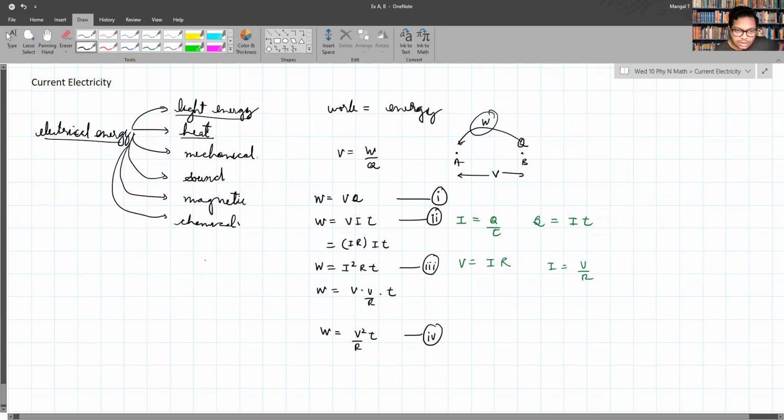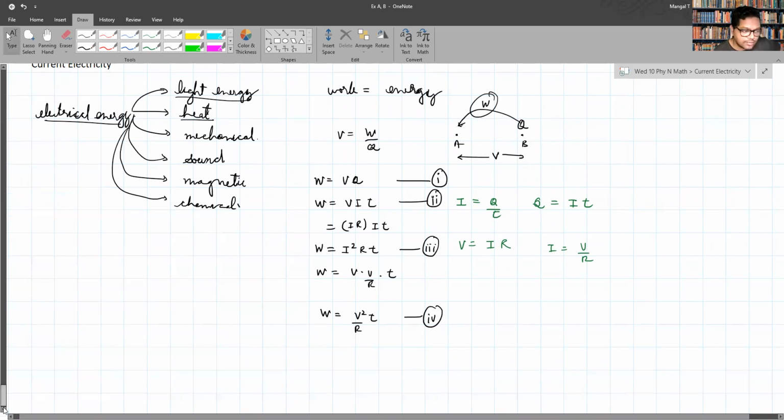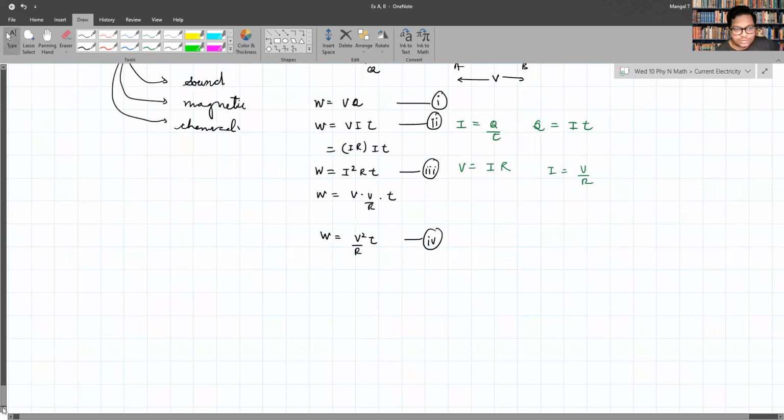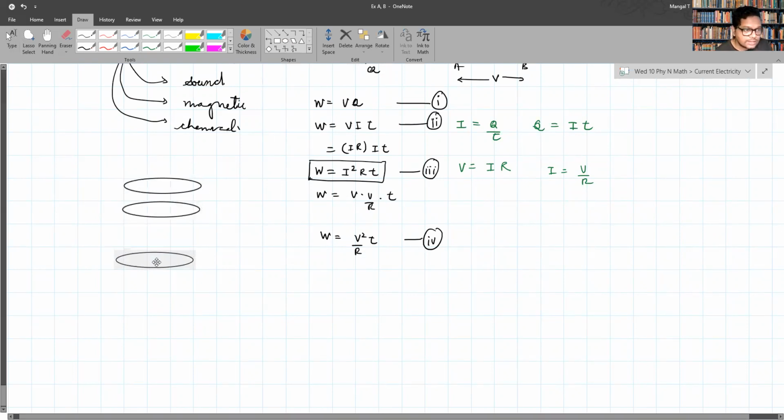Now all these equations that I have written over here will be useful for solving questions. Especially when you talk about I square RT, let's take one very good example. So let's say that this is a cylinder, and this cylinder is filled with water.